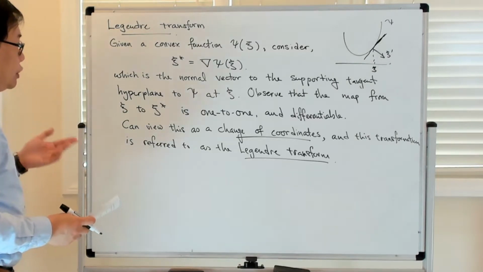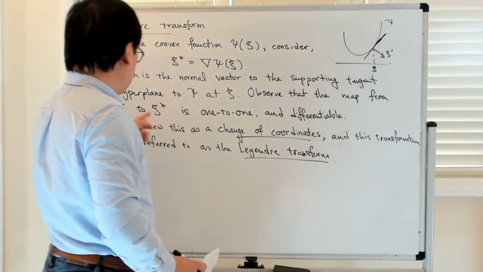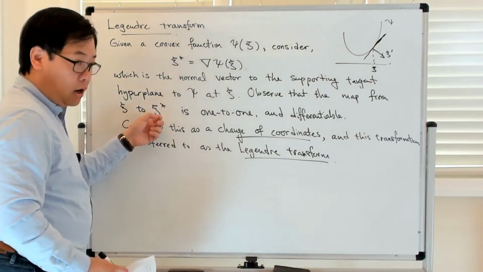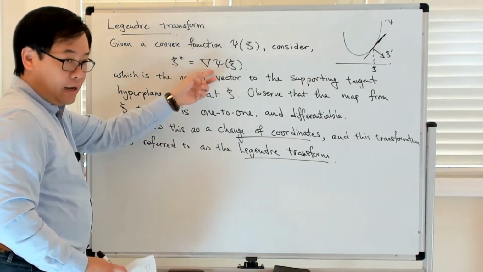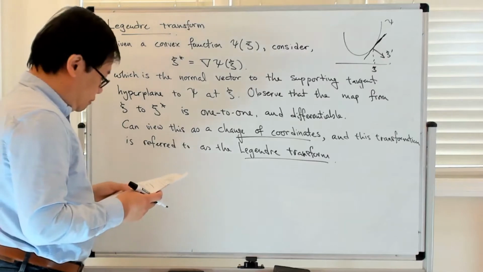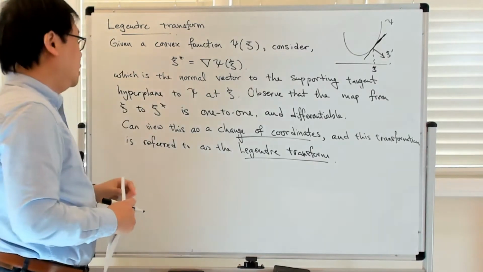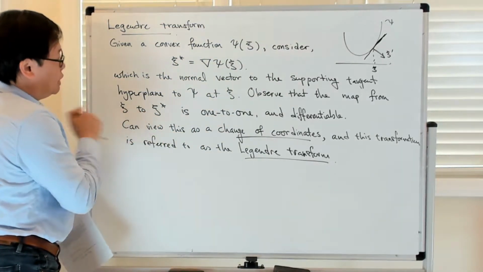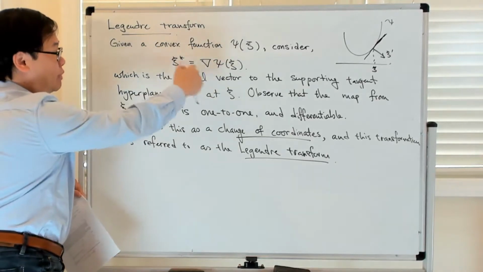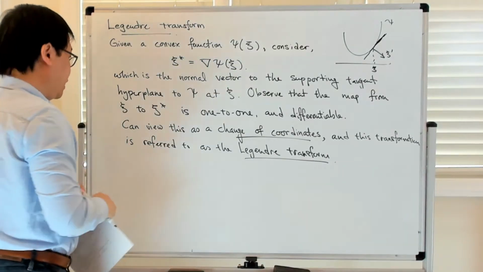The natural question to ask then: you have a map from C to C star, which can be viewed as related to the gradient of a convex function. You can ask naturally whether the map from C star to C can be similarly expressed as the gradient of some other function.